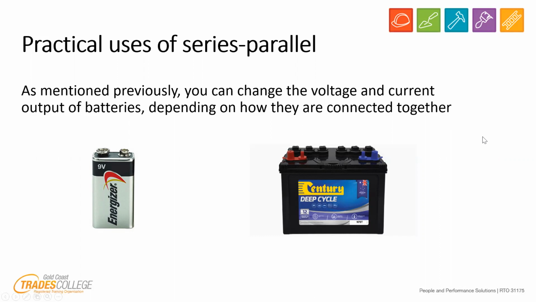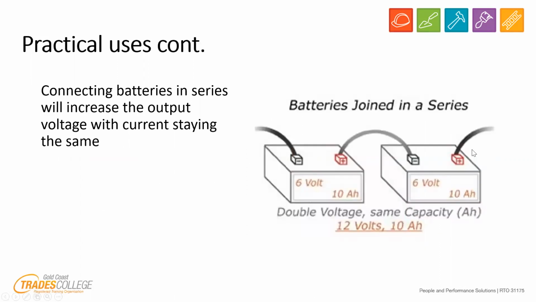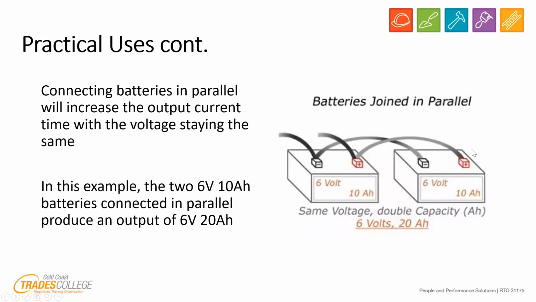So for example, if you've got a Milwaukee battery and it says 18 volts, 6 amp hours, then you know that to create that, you've got to have a series parallel combination of certain batteries. This is just the connections of them. We don't really need to go through that.